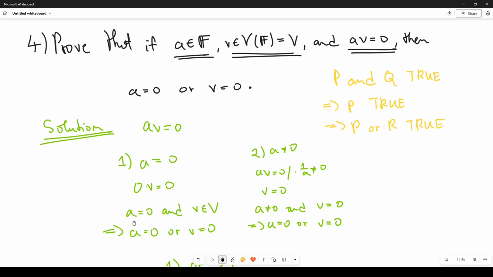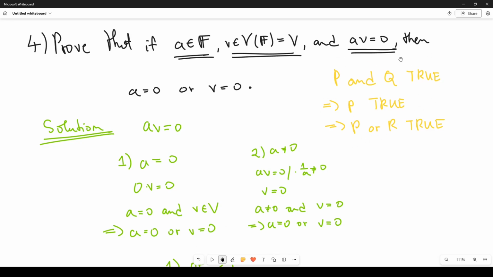Since this conjunction holds, we can relax it a bit and just get that a equal to 0 or v equal to 0 holds. Since we know that a is equal to 0, I can write this disjunction, and for a disjunction to be true, only one of its terms needs to be true, and I know that a is equal to 0, so this is true.